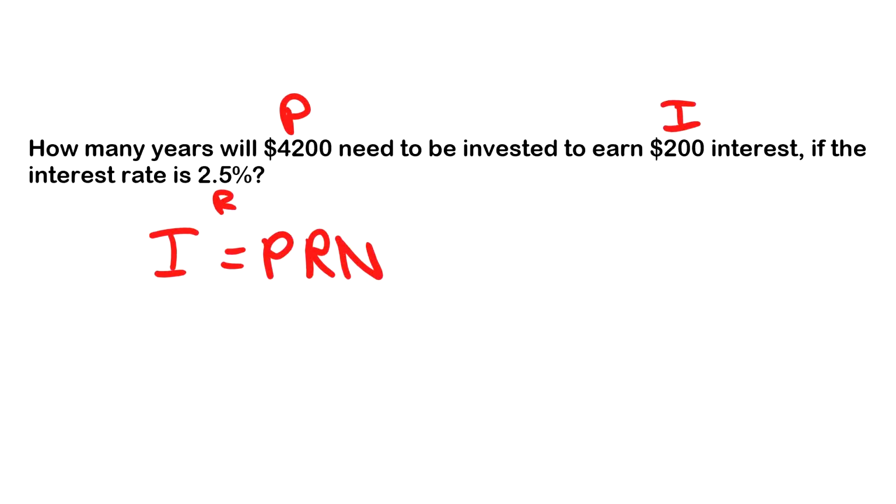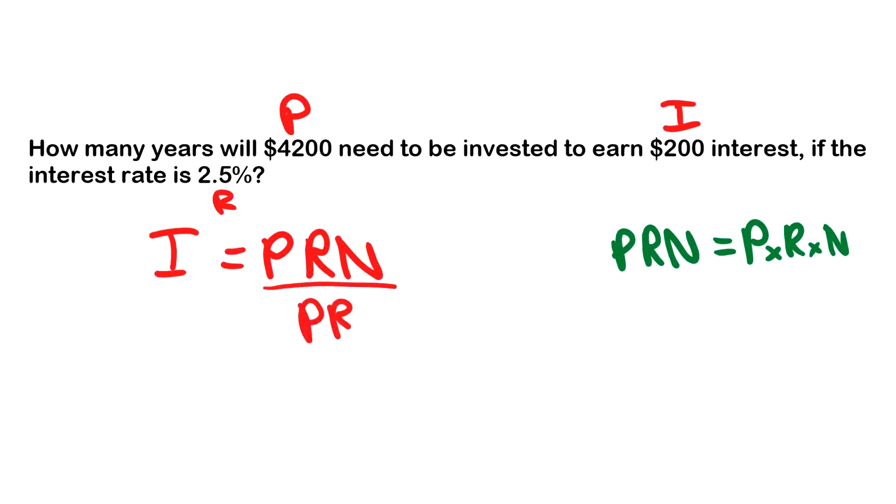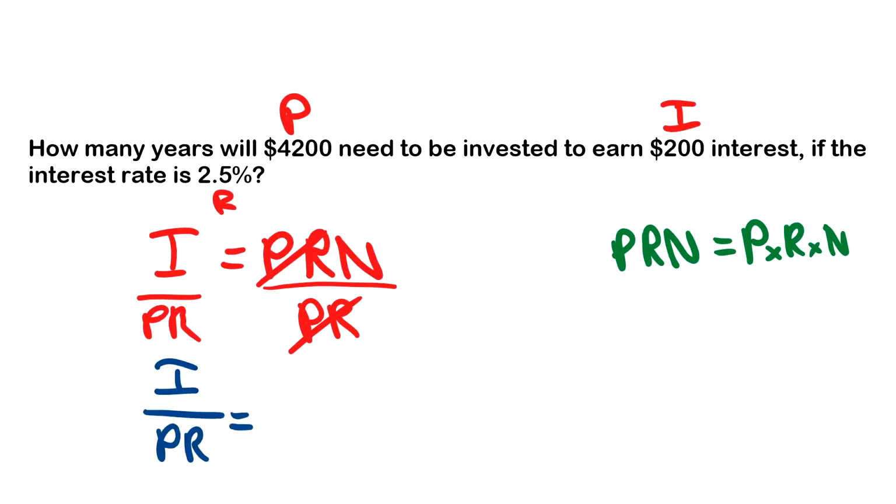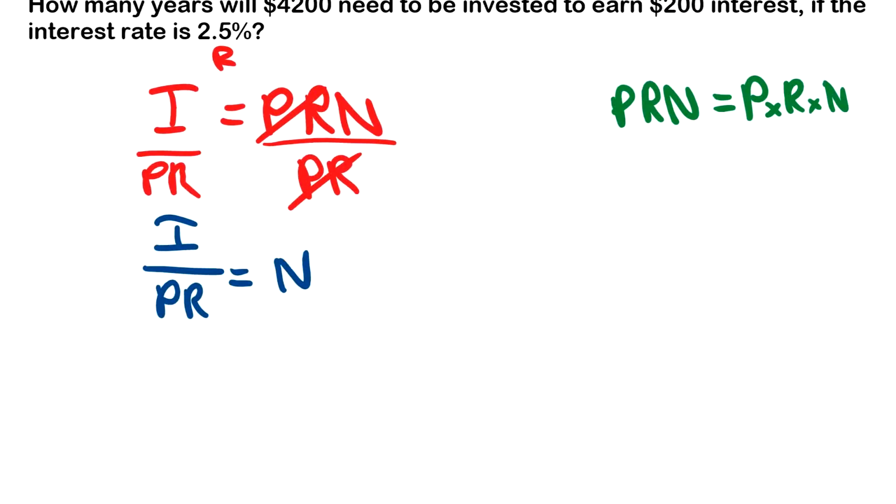So remember, PRN is essentially P times R times N. So I can divide by PR and divide by PR over here. That cancels out, and I get I over PR equals N, which is what we're trying to find.